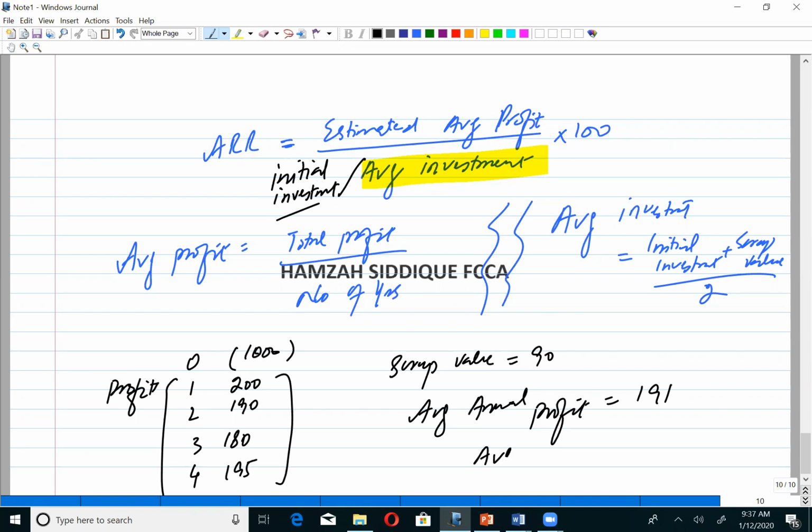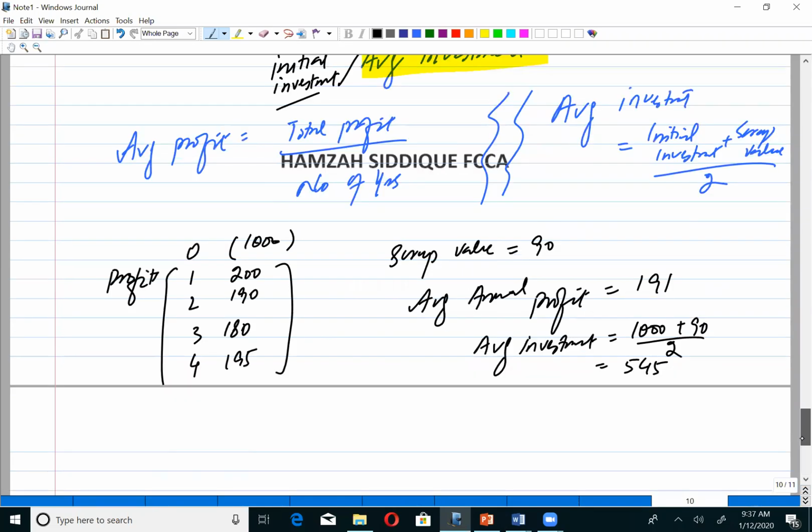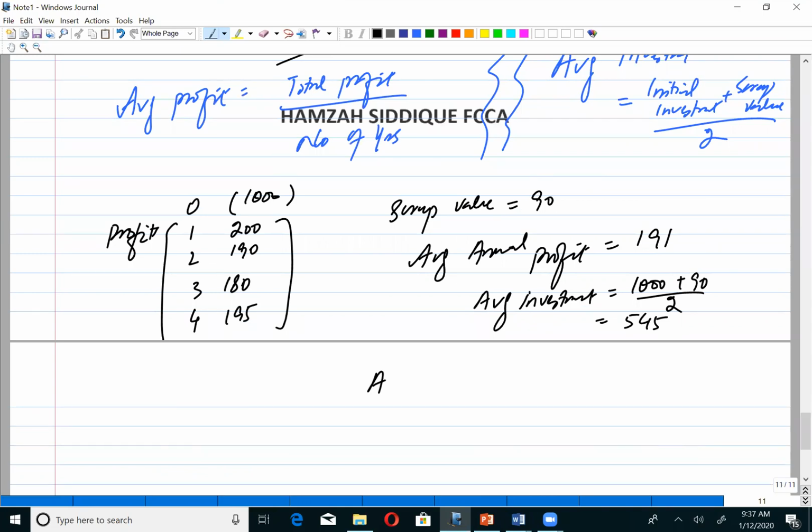So the average investment is 1000 plus 90 divided by 2. That is 545. So ARR is 191 divided by 545 times 100. So it is 35%.